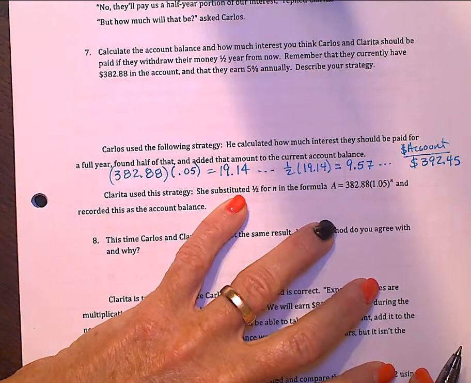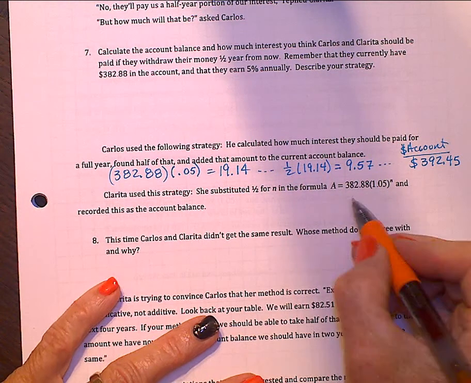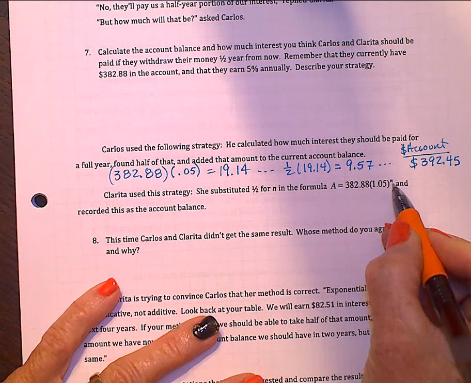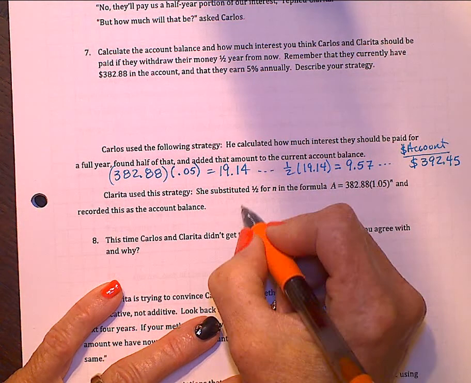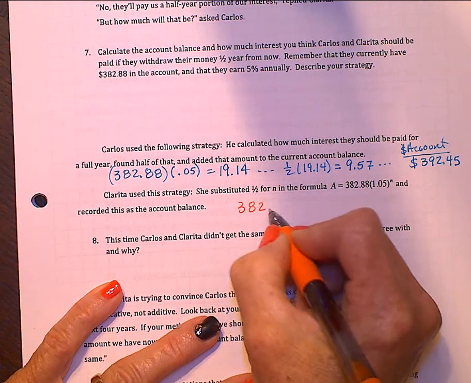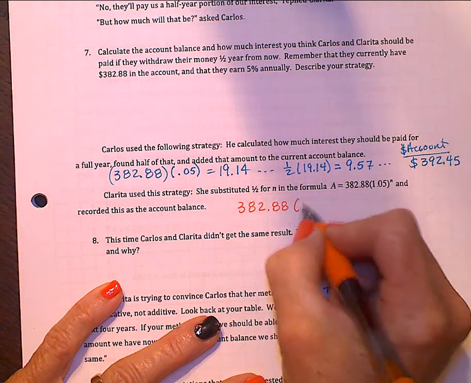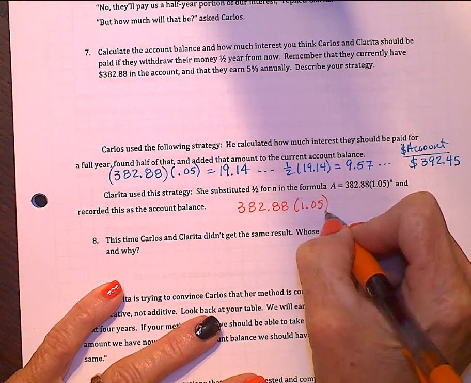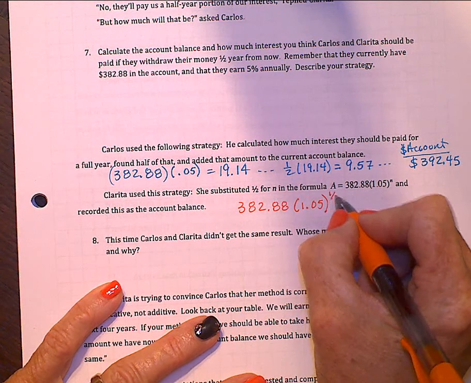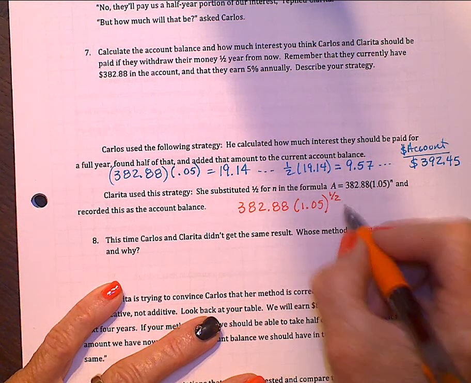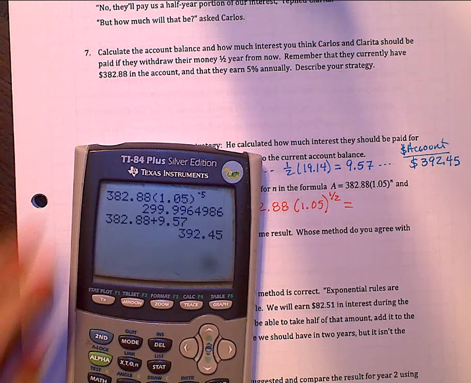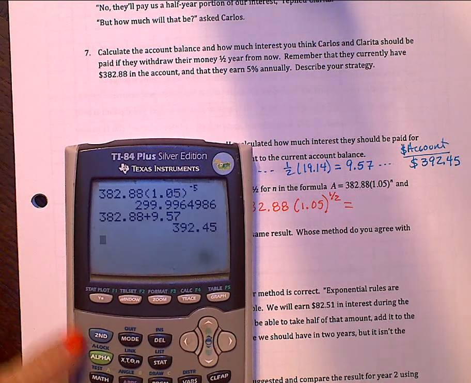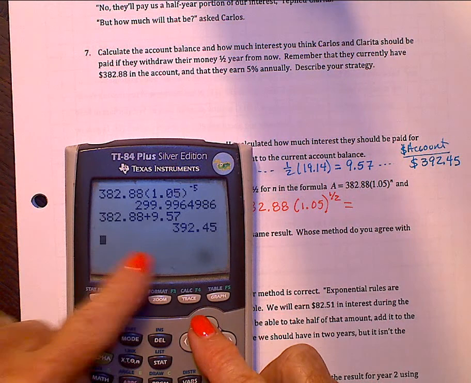Clarita said she's going to substitute half for that n. So Clarita is going to do 382.88 times 1.05 to the half. And you can do that on your calculator the same way. Actually, I'm going to show you something. If you have a newer calculator, you can arrow back up.